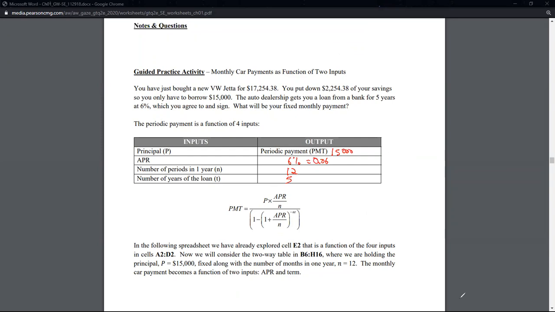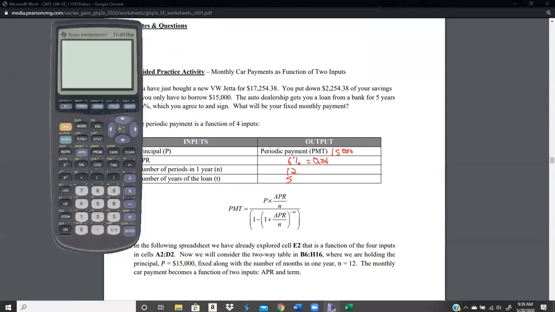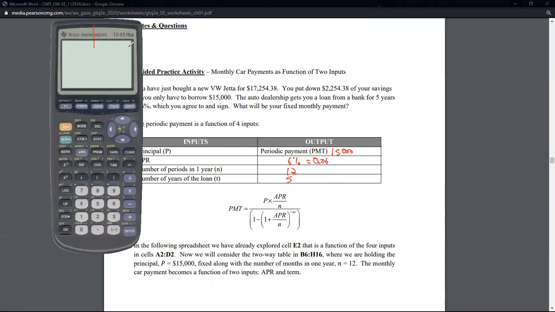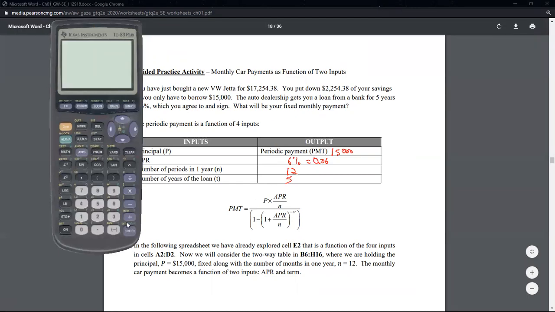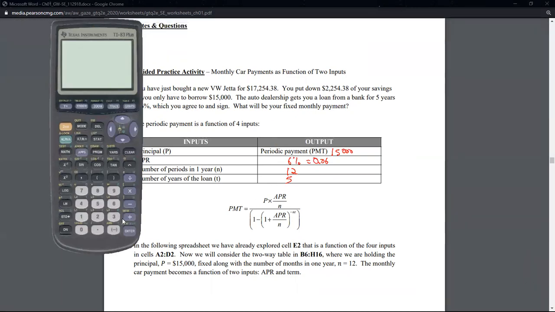Now I will show this one time on the calculator. That's not going to work. I've got to take it off of annotate, there we go. This is what it would look like.